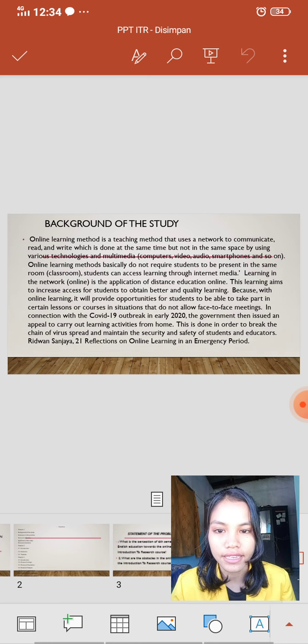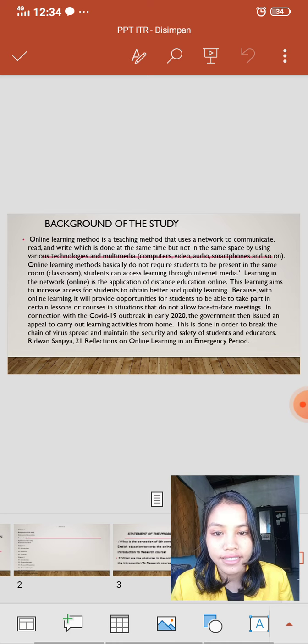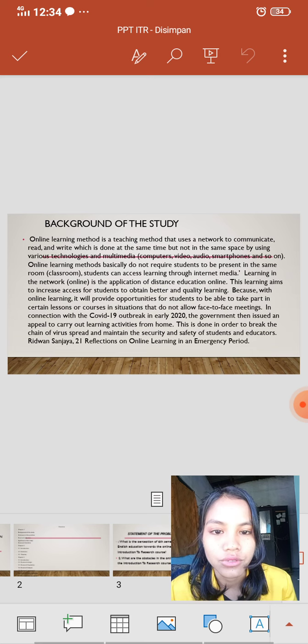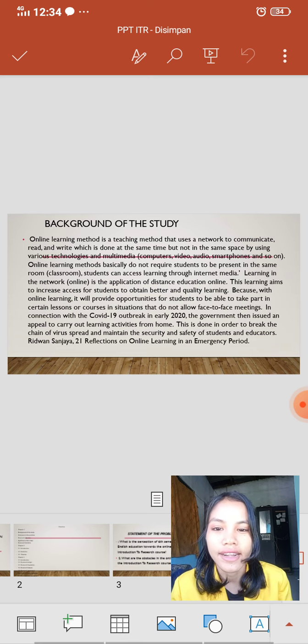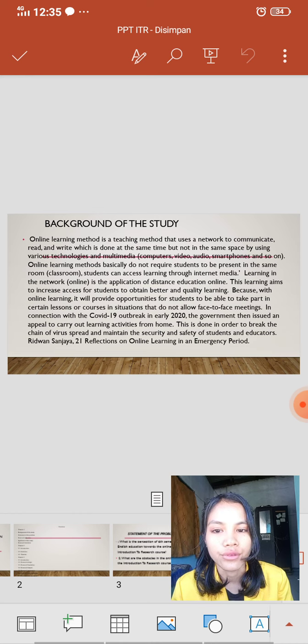Background of the study. Online learning method is a teaching method that uses a new way to communicate, read, and write, which is done at the same time but not in the same space by using various technology and multimedia: computer, video, audio, smartphone, and so on.